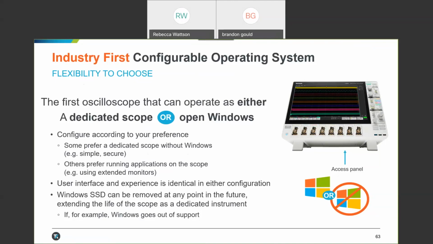Every time you boot that scope up, it looks like it's brand new from the factory because none of that information can travel out of secure labs. So this Windows option is available on the 5 and the 6 series. The 4 series is only embedded all the time. So one small caveat there.